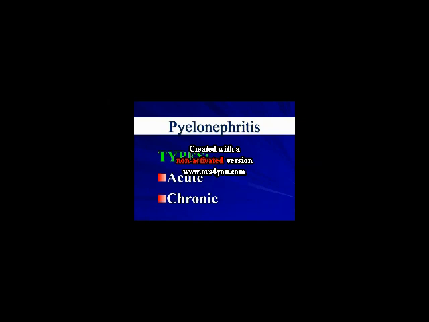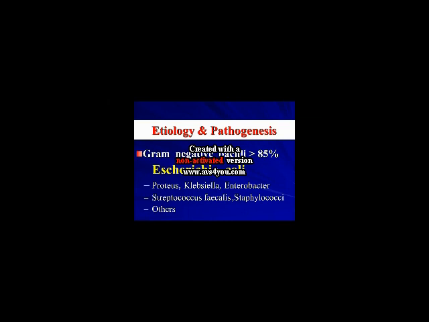Now, pyelonephritis can be acute or chronic, and etiologically, the main cause of pyelonephritis is gram-negative bacilli. In more than 85% of cases, gram-negative organisms are responsible, and these are mainly derived from the patient's own gut flora. The main culprit is E. coli.